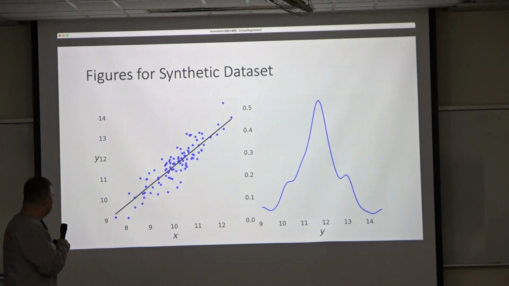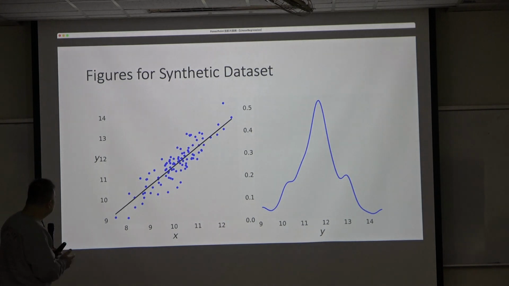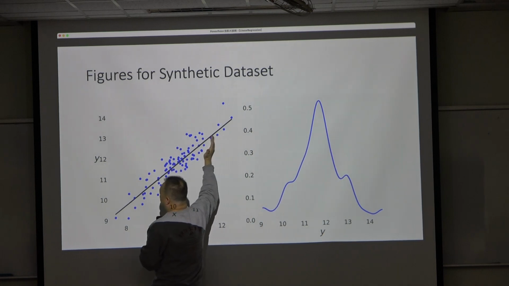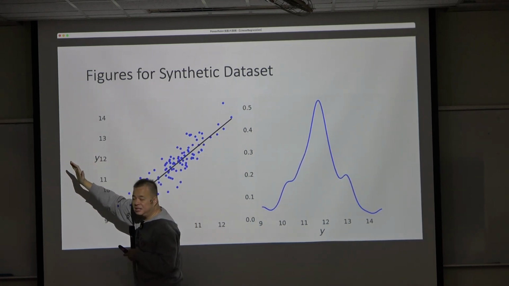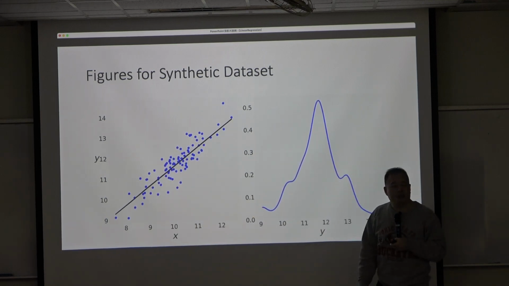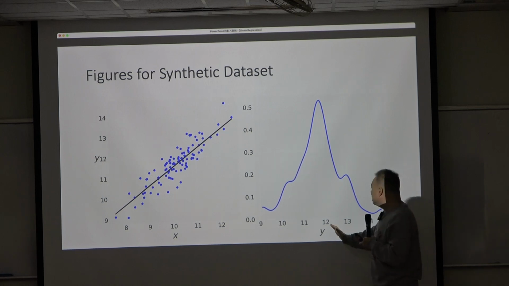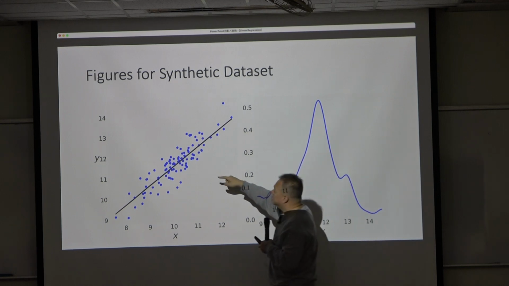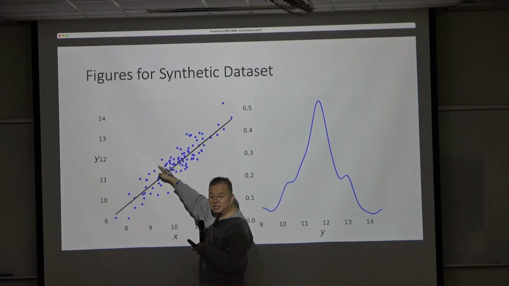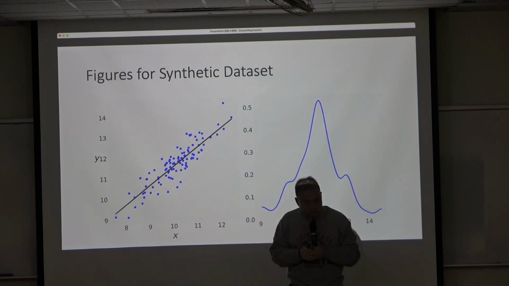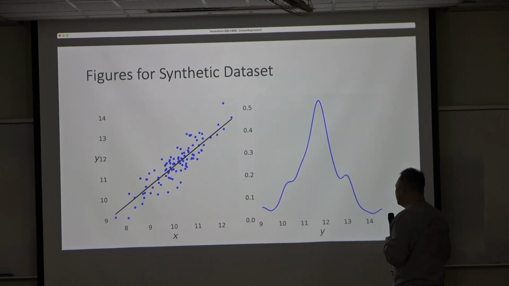The points are generated in the sense that if you look at their y value, in other words, you project all these points to the y axis statistically and draw a kernel function to show the population of the y value, you will see that it is a little bit more concentrated around 12. This is the data set that we generated.